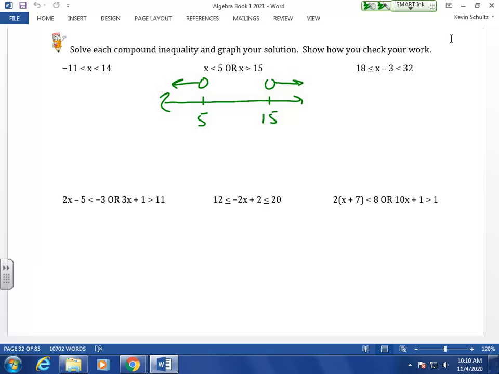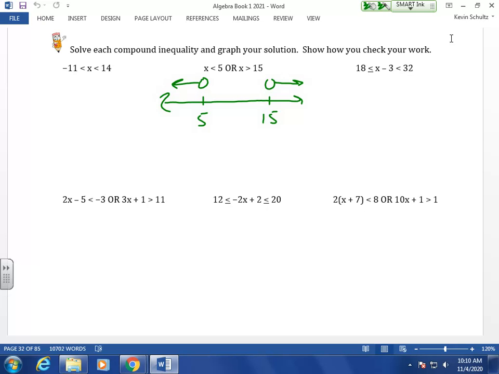And we can kind of, in our minds, verify this is an or statement because can x be both less than 5 and greater than 15 at the same time? No, it's got to be one or the other, which is what this graph shows.